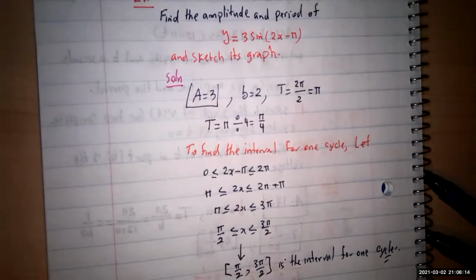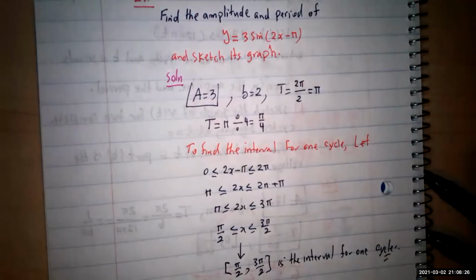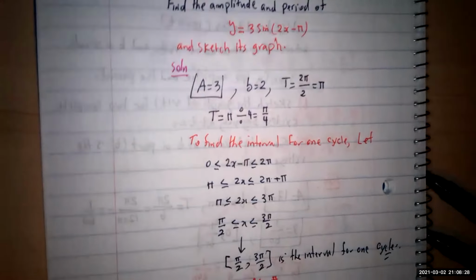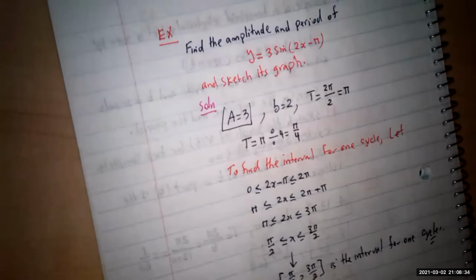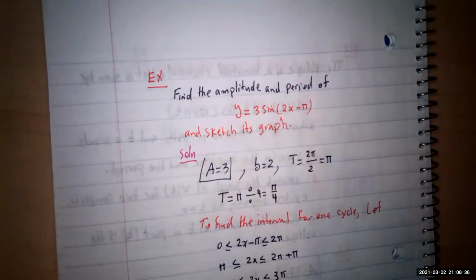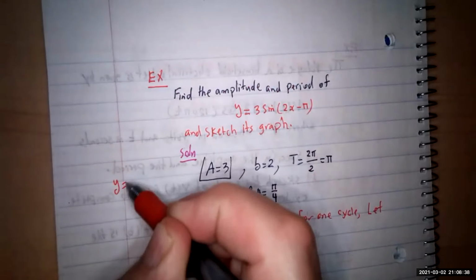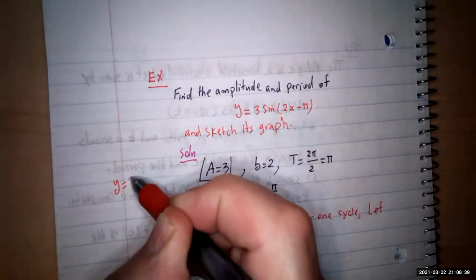Then when it's a negative pi, it is shifting to the right. Somebody asked for the shifting. You graph this one first: y equals 2 sine of 2x, which is going to be easy.